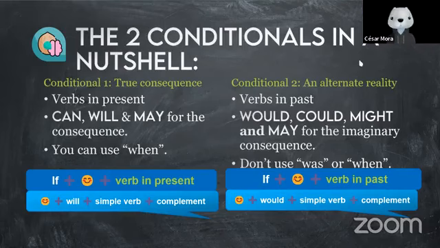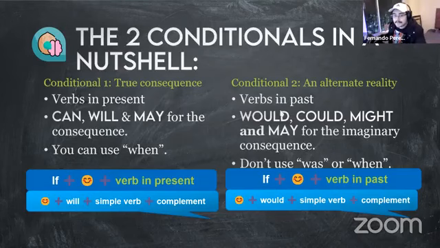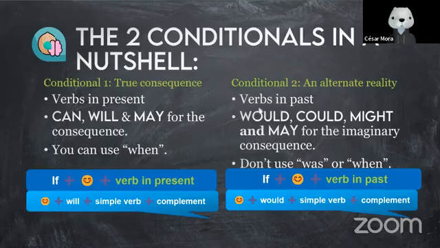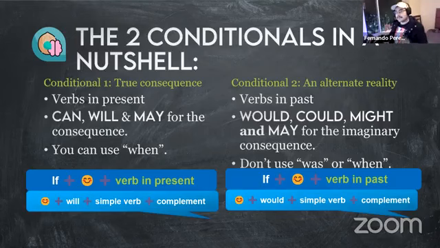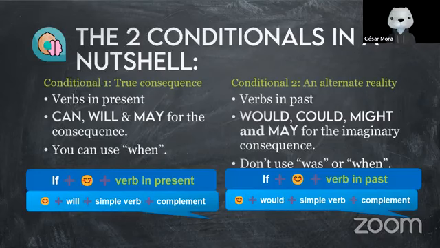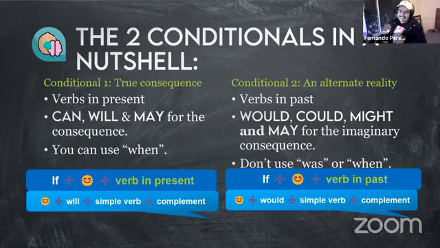It's a true consequence. So you cannot use would. Would is imaginary. What is the auxiliary for consequences and predictions in the future? Will. You see? Complete idea.